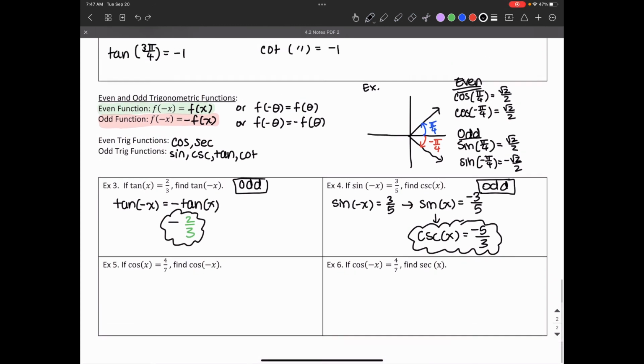All right, and then if cosine of x is equal to 4/7, I want to find cosine of negative x. Well, this is an even function, so it stays the same. So it's just 4/7.